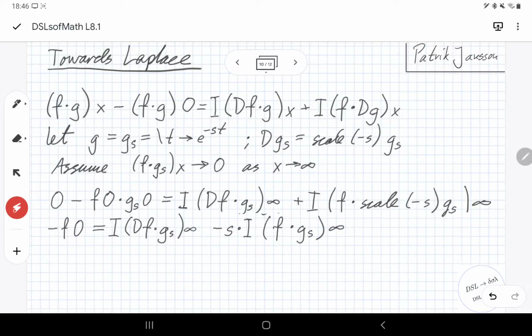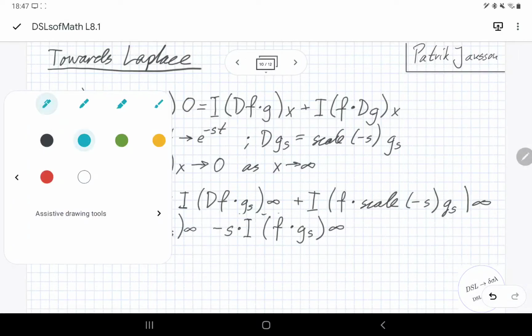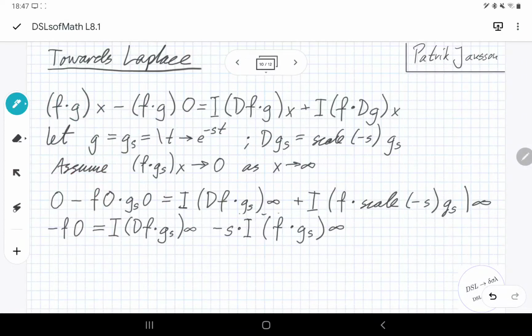So let's define a name for that. Up here in a corner, let's define L of some function, let's call it f.